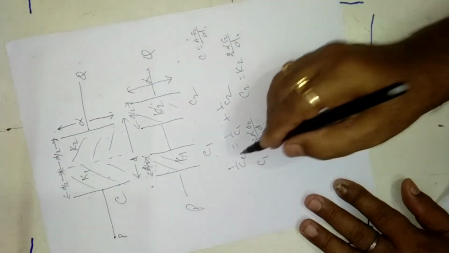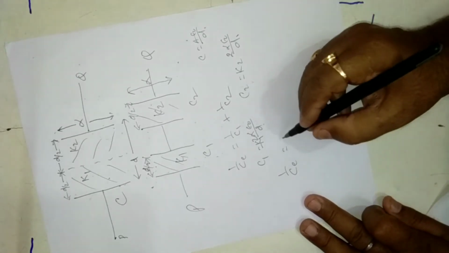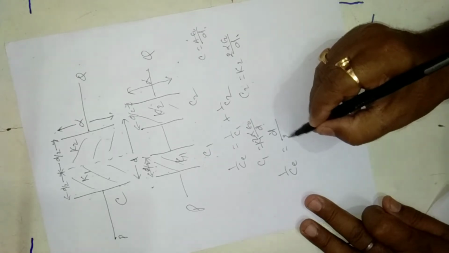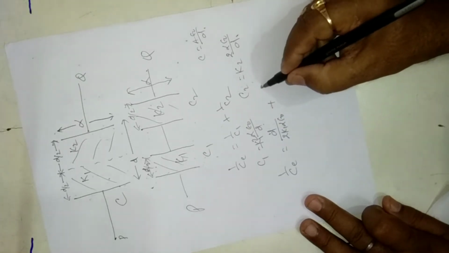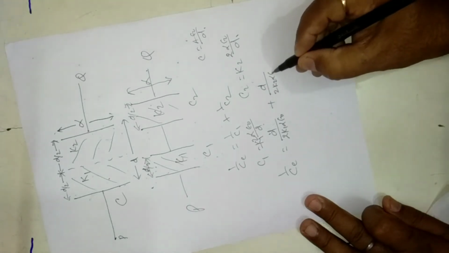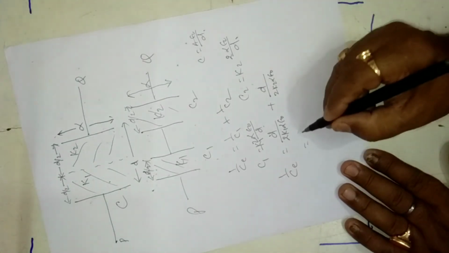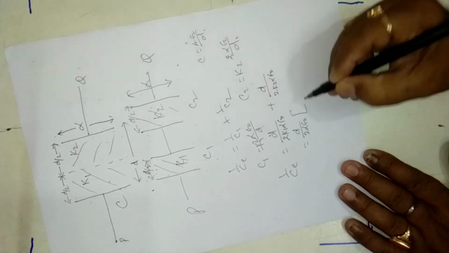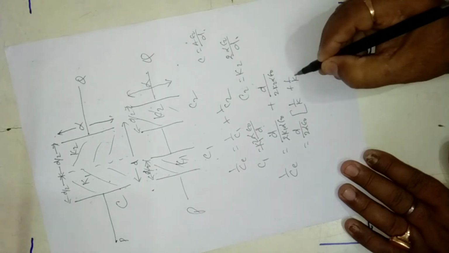After substituting, 1 by C equivalent becomes D by 2K1 alpha epsilon naught plus D by 2K2 alpha epsilon naught. This will be the equation. We can take D by 2 alpha epsilon naught common, and here you will see 1 by K1 plus 1 by K2.